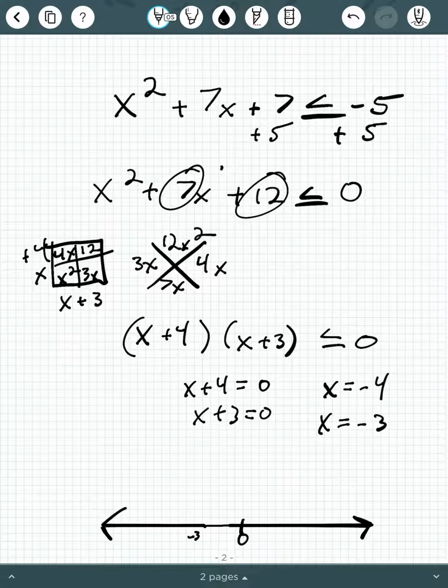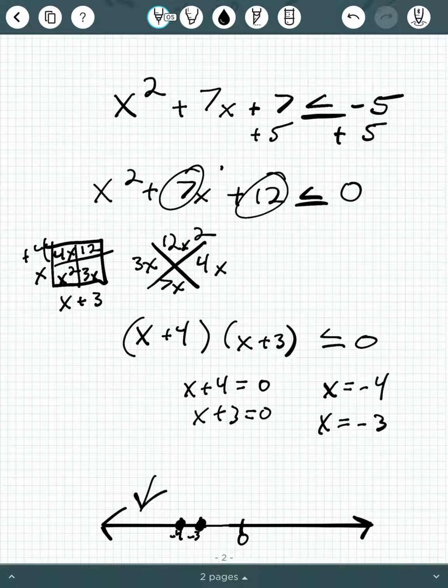So 1, 2, 3, 4, 5. So there's -3, then -4. All right, same idea. We know that we're looking at a less than or equal to situation, so I can put my shaded circles right away. Then we need to test those 3 boundary areas as well.